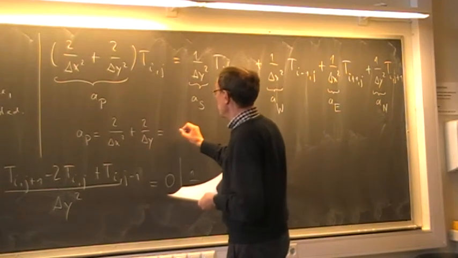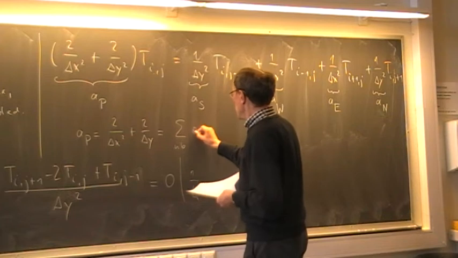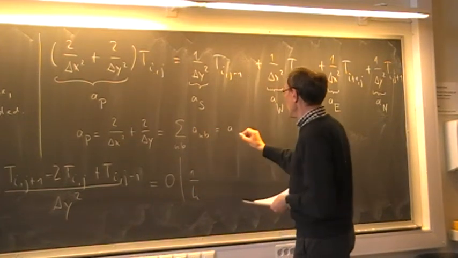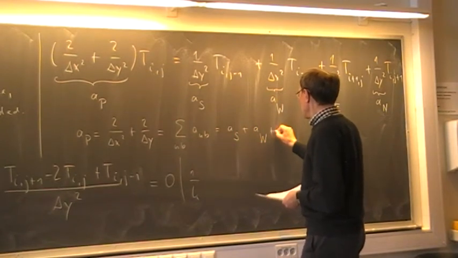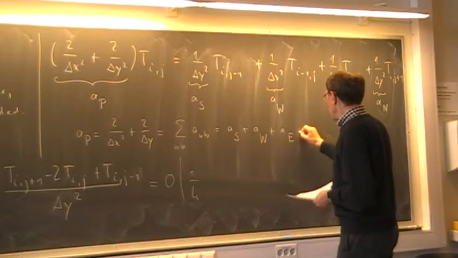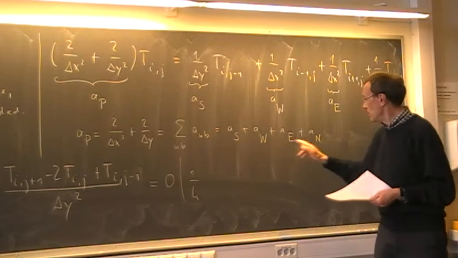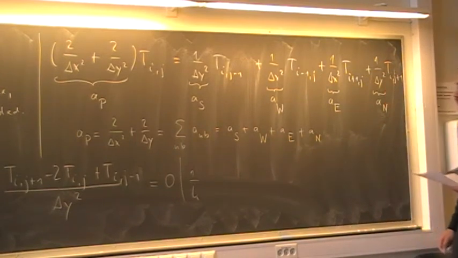So that is the sum of the neighboring coefficients A and B. That is, we have it here, A south plus A west plus A east plus A north. From this we get 2 over delta y squared, and from here we get 2 over delta x squared.